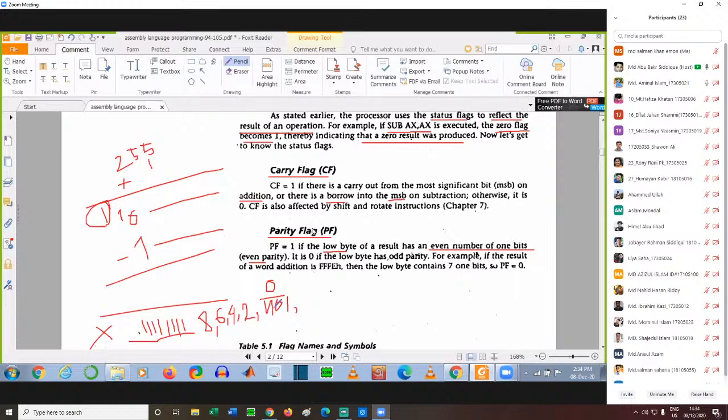Now suppose the high byte is 1 1 1 1, and then the low byte. For this result, what will PF be?